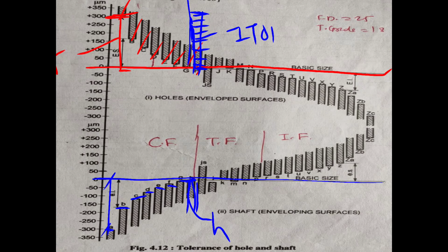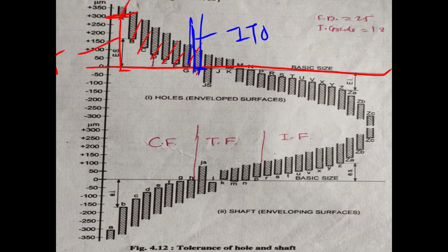Therefore small h type of shafts are used for the shaft based system. Now as we are using the hole based system, see capital H in the above figure, I will show it by a red color.